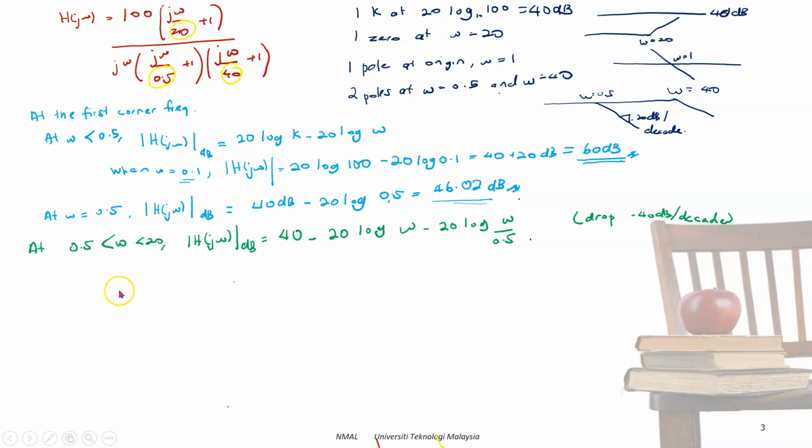So now we want to put the value so that we know where to plot. Before this, we have plotted at omega equal to 0.5, which is at the start of this equation. Now we want to plot at the maximum of this range, which is 20. So we plot at omega equal to 20.